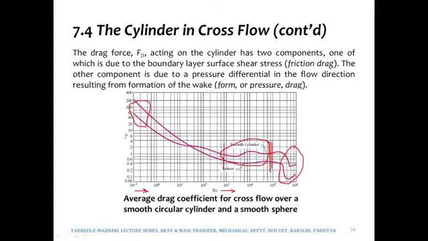So it would cross the critical value of the Reynolds number, so the boundary layer would become turbulent. Therefore we would see this sudden drop in the drag. Okay, so this is how the flow over the cylinder would take place with an increasing value of the Reynolds number, when the flow would change from laminar to turbulent.